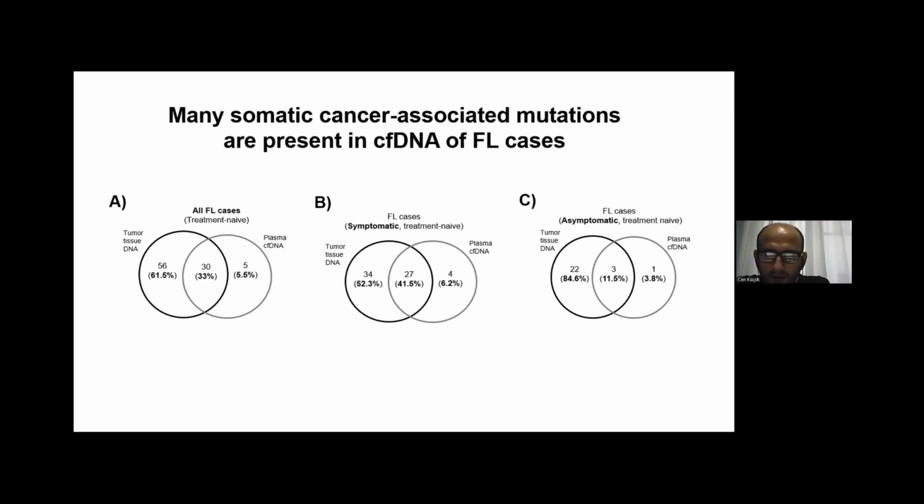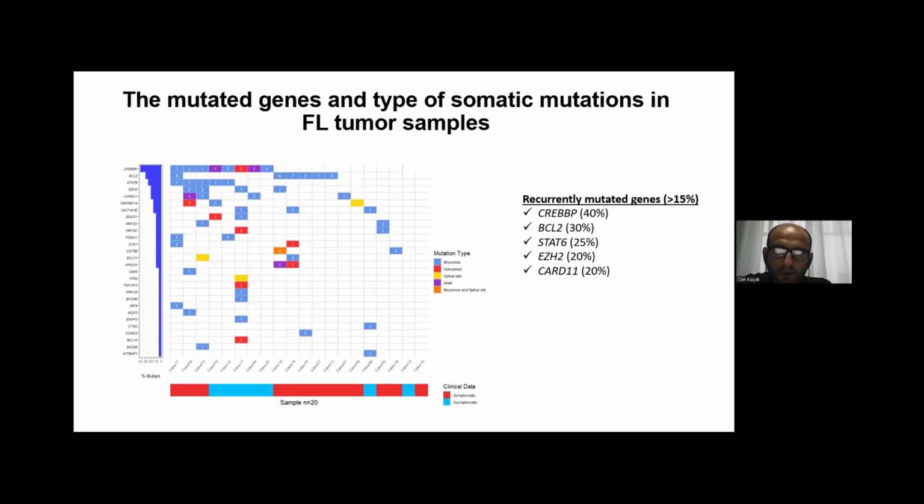Again, as you can see in panels B and C, we also compared the symptomatic versus asymptomatic FL cases. And we observed that there is a marked increase in the percentage of common variants in symptomatic cases versus asymptomatic cases. So this waterfall graphic is showing the mutations we identified either in tumor tissue DNA or circulating tumor DNA in FL patients.